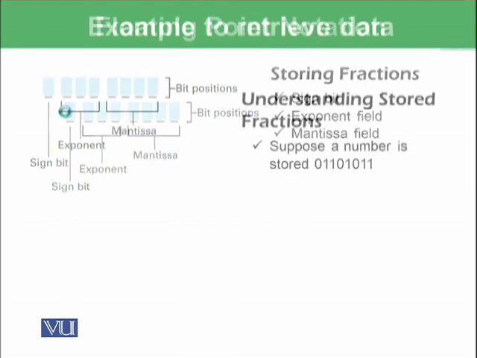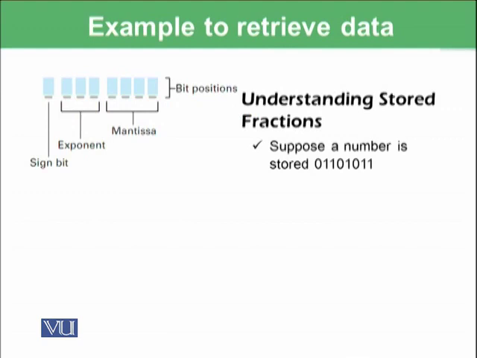So let's have an example of how a number already stored can be retrieved. For example, we have this number 0 1 1 0 and then 1 0 1 1. What is displayed in the mantissa is the actual number, and it is 1 0 1 1.